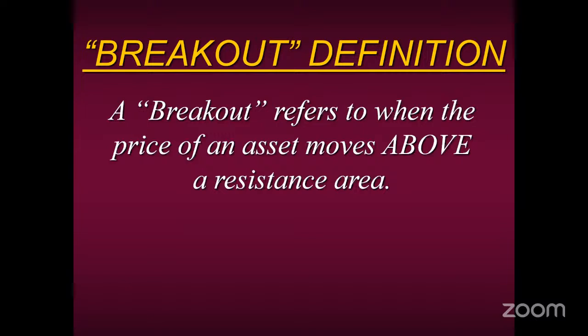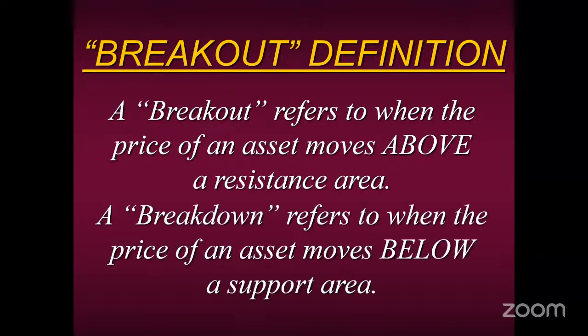Conversely, a breakdown refers to when the price of an asset moves below a support area. So if you look with a closer eye, you see there's a common denominator where we're really talking about support and resistance. This is the basis for most breakout techniques or methods.